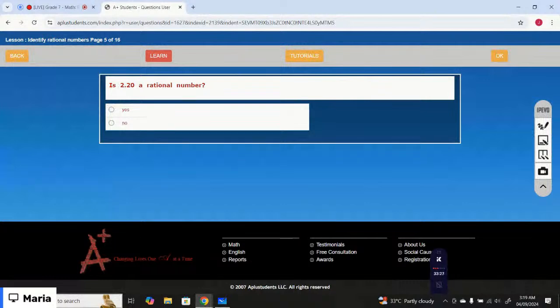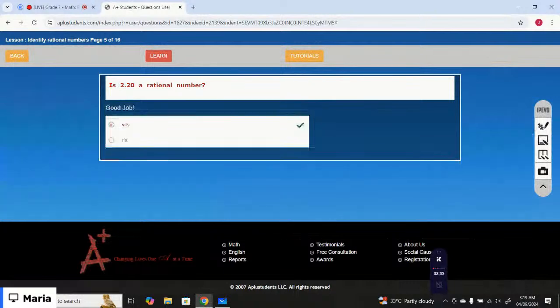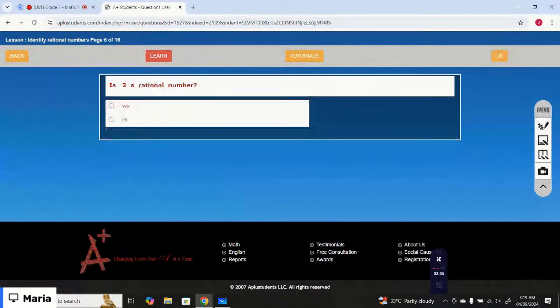The correct option is yes, it is a rational number, right? The next one is, is negative 3 a rational number?